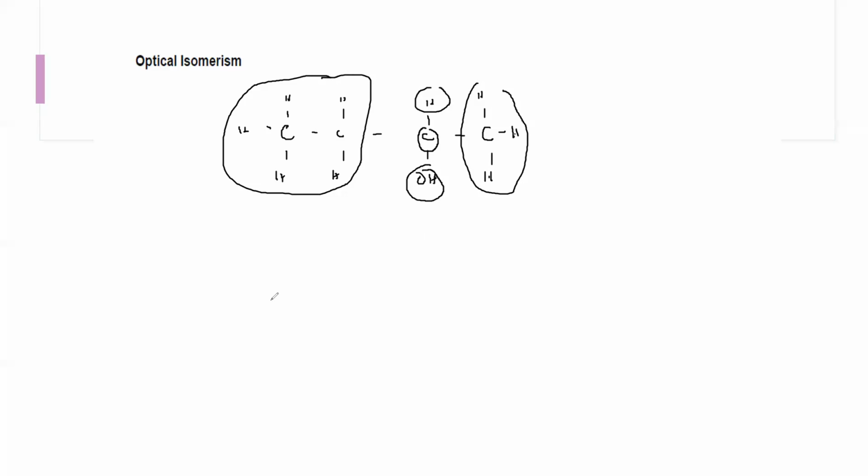So if I want to draw it, first I will draw this carbon with hydrogen, CH3, OH, and C2H5. Now, what will be the optical isomer of this?